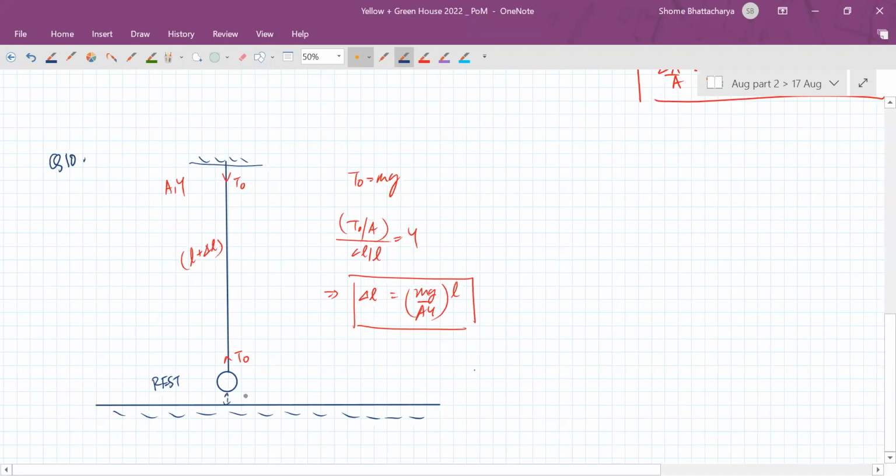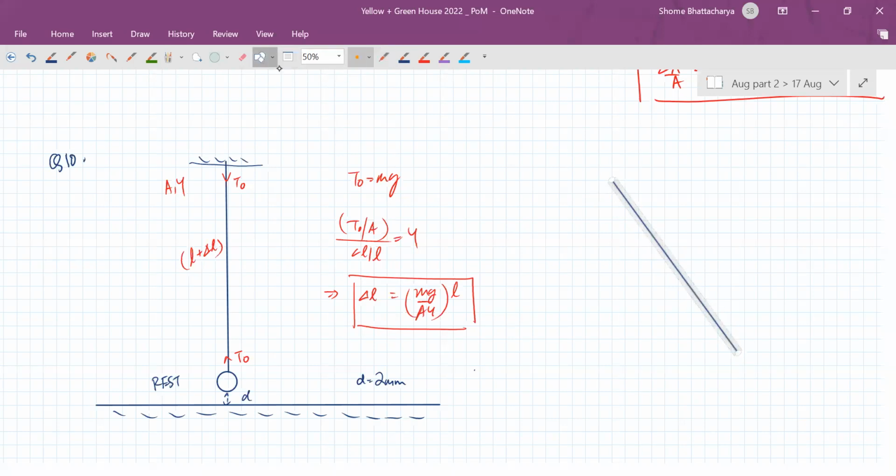So this gap here, let's say D, is 2 millimeters. Now next, we take this to a position like this, and we release it from here.